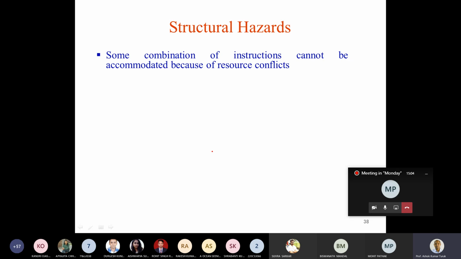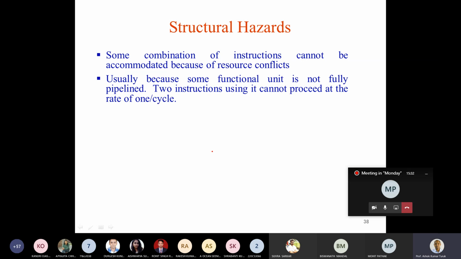When you overlap the execution of instructions, two instructions may require a resource in the same clock cycle, and there are not enough resources available. Then we say a structural hazard takes place, because the resources cannot be accommodated for all combinations of instructions in that particular cycle.